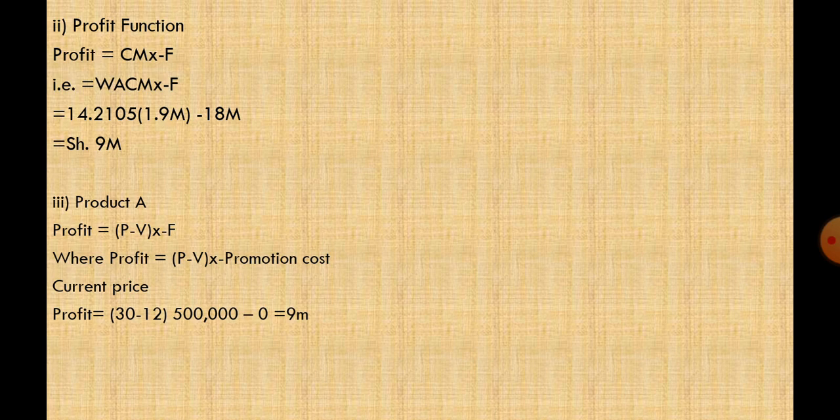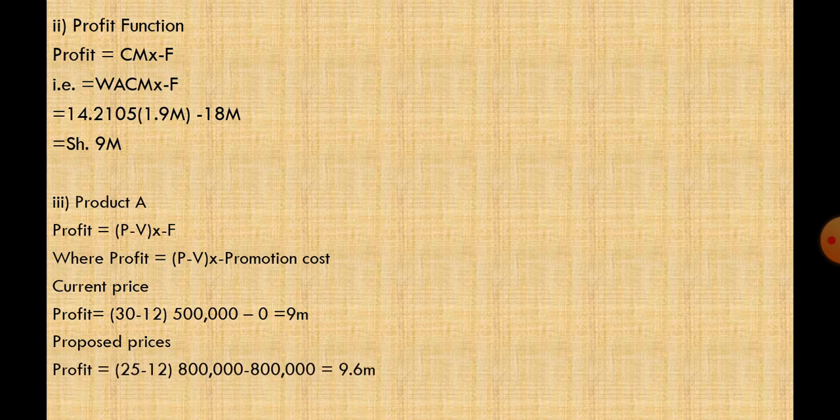So we have to make an advice here by looking at the two issues of the changes in prices. In the proposed prices, at the price of shillings 25, changing from 30, the number of units changes to 800,000 and the promotion cost is 800,000 there.